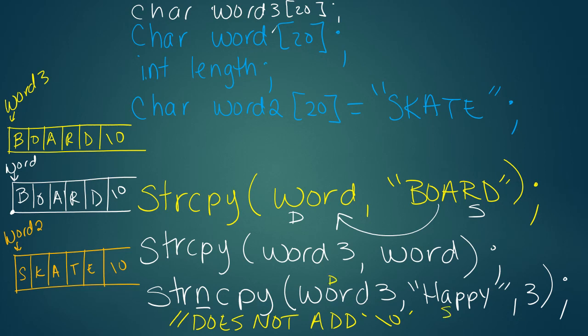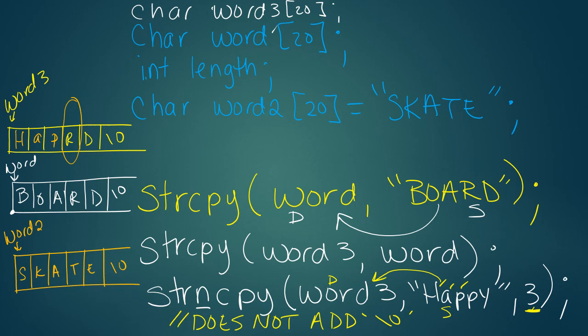This is my source, happy, but I only want to take the first 3 characters, H-A-P. So what's going to happen is, it's going to start at the beginning, and it's going to put in the first 3 letters of happy. So it's going to put in H-A-P.